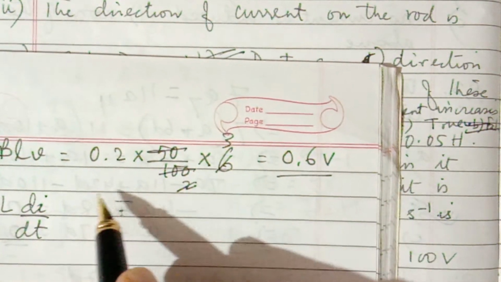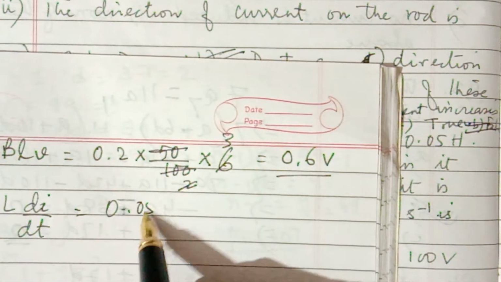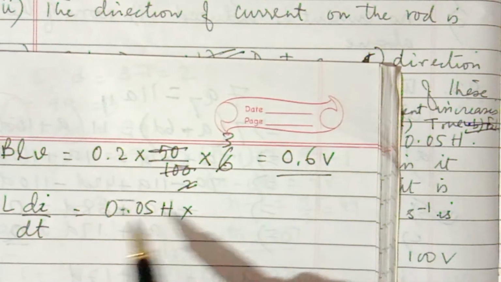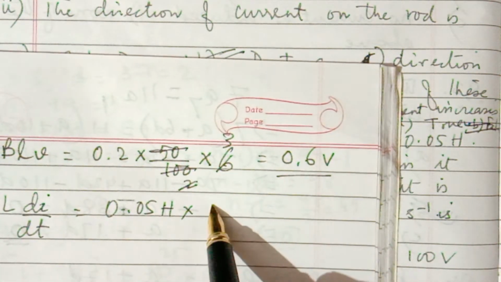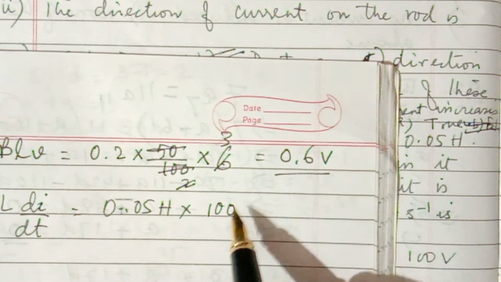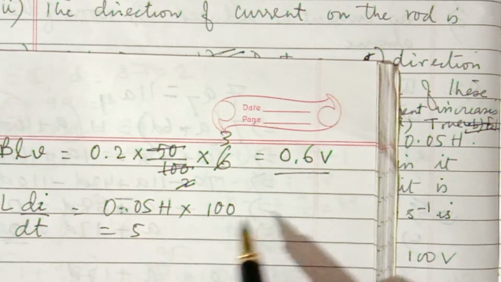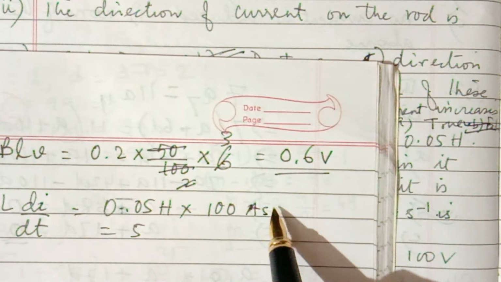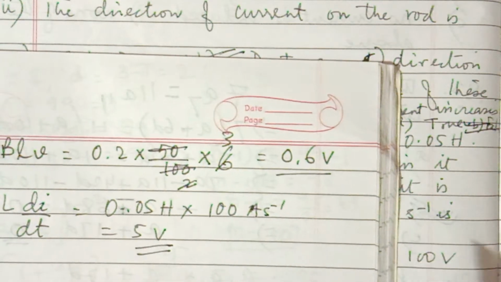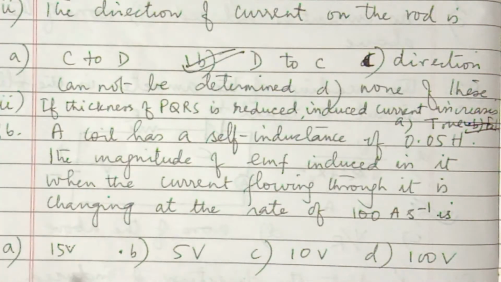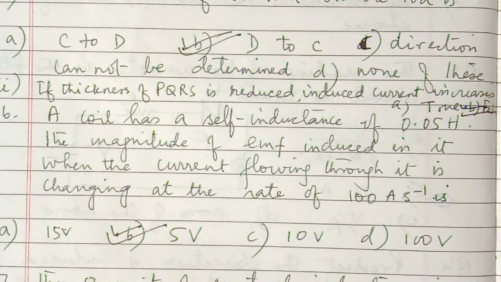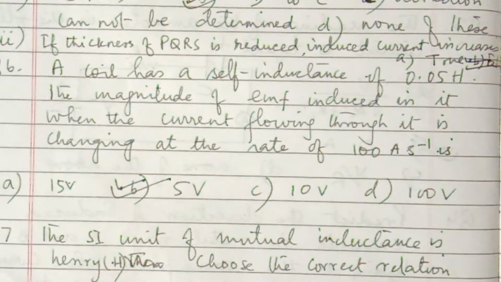So what is L? 0.05 Henry, SI unit. di by dt is 100 ampere per second, so that means 5 volt. So that's why the answer is 5 volt. So this is the formula based question.